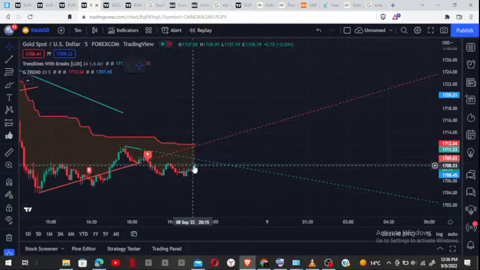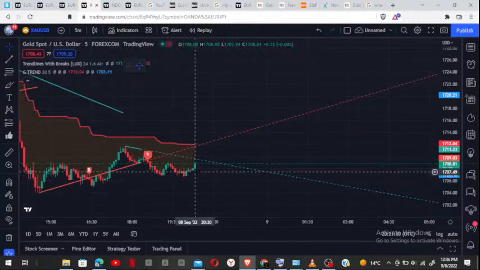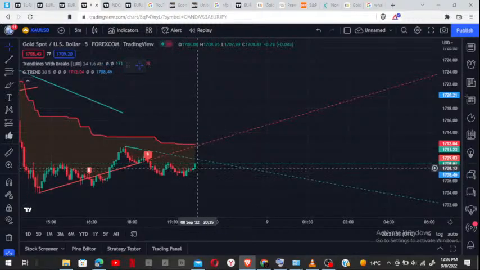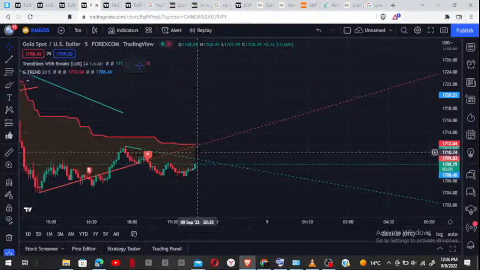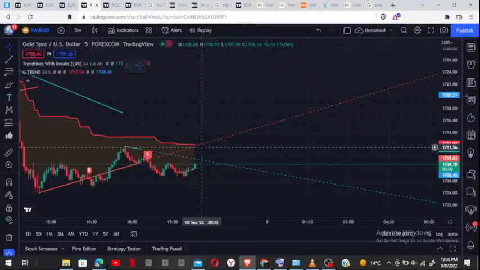So right now, if this candlestick happens to go above this line over here, then we'll be able to take buy positions and see how the market plays.